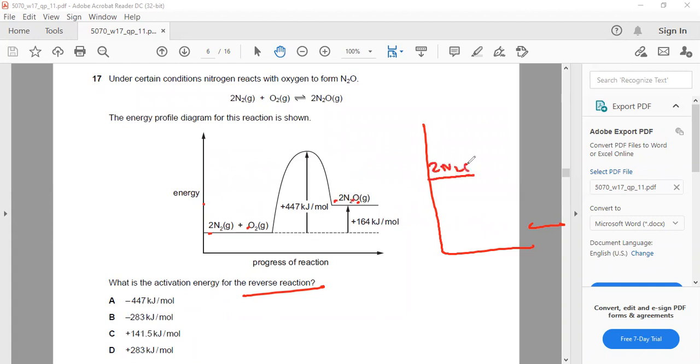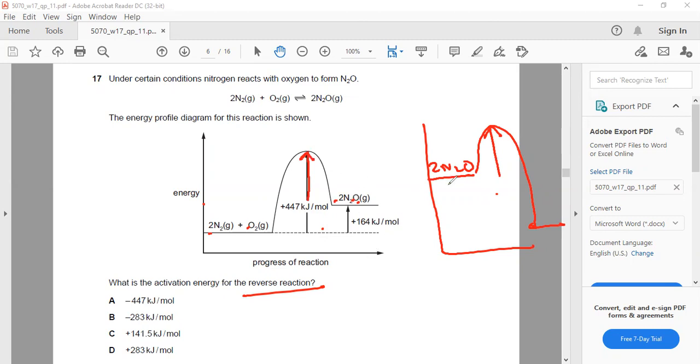N2O. This was endo, this becomes exo, the reverse one. What is the activation energy? Only this. This is how much? This one only.